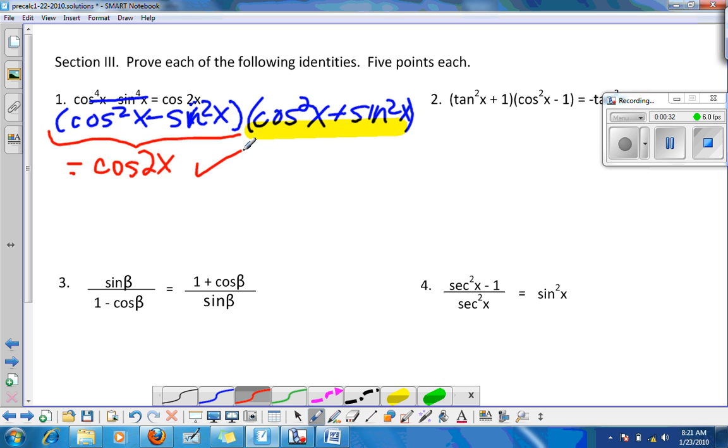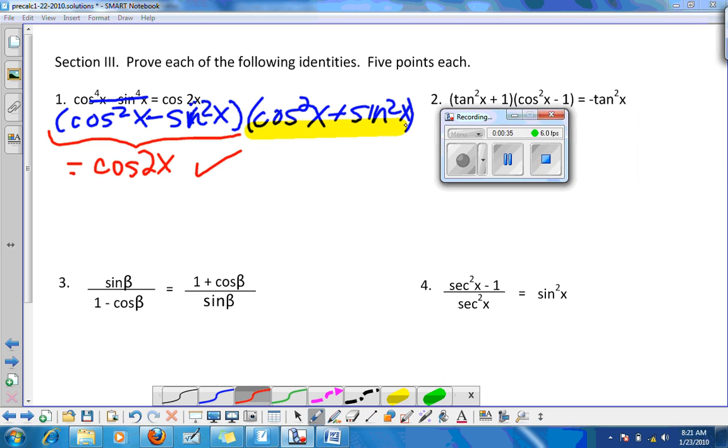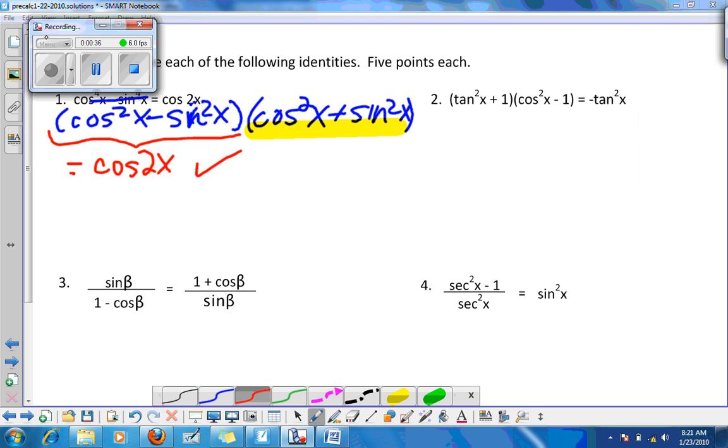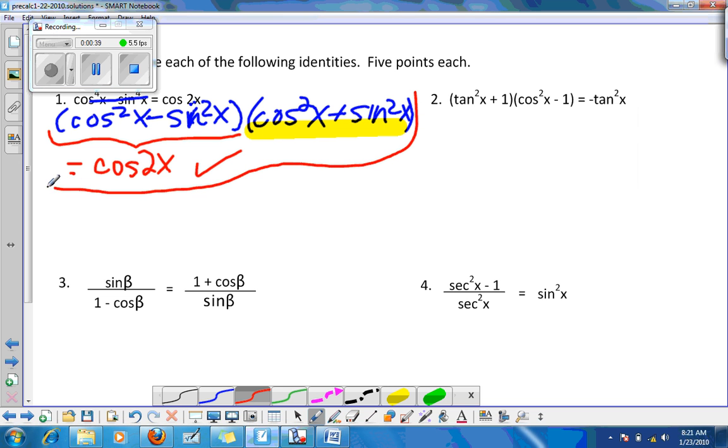Okay, looking at number 2. First thing you should think when you see number 2 is that you need to FOIL. So tangent squared times cosine squared. Remember, tangent squared is sine squared over cosine squared. So I'll write it like that.